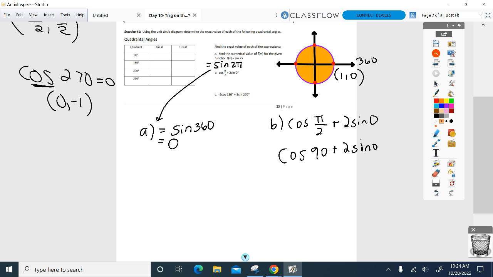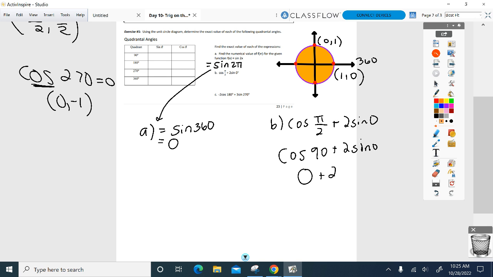You can do this. 90 degrees, what's the coordinate? I got to know it to do this problem. 0, 1. And if I'm told to find cosine, which coordinate do you use? The x, which is 0. So cosine of 90 is 0 plus 2 times the sine of 0.